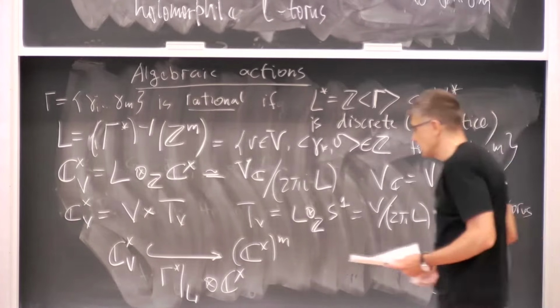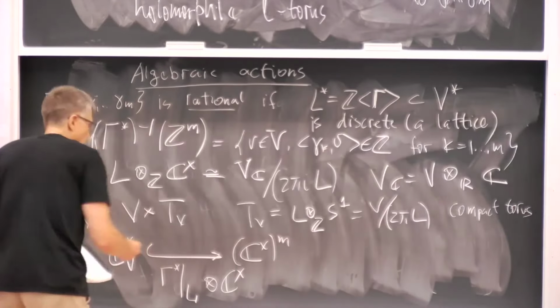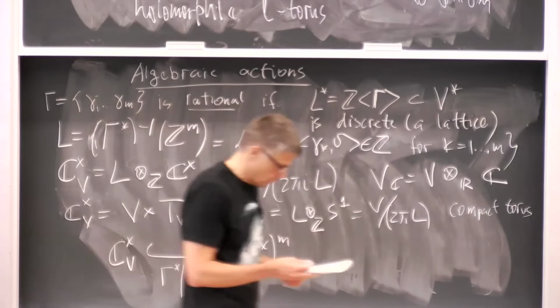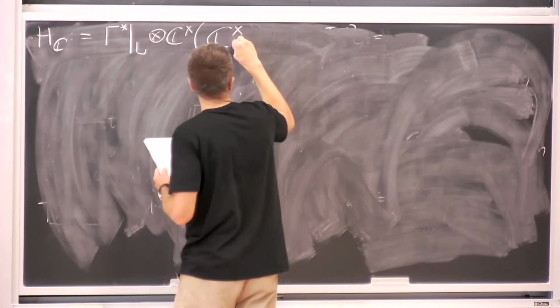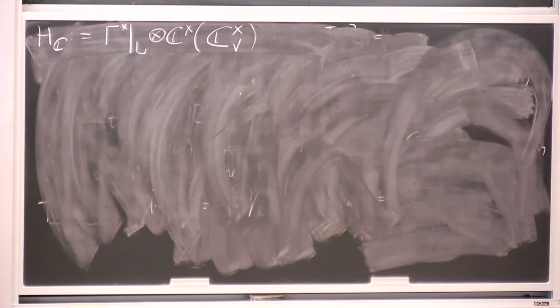And so now this is an algebraic map, so you can define this algebraic subgroup H_C as an image. So this algebraic torus embeds into this big algebraic torus.